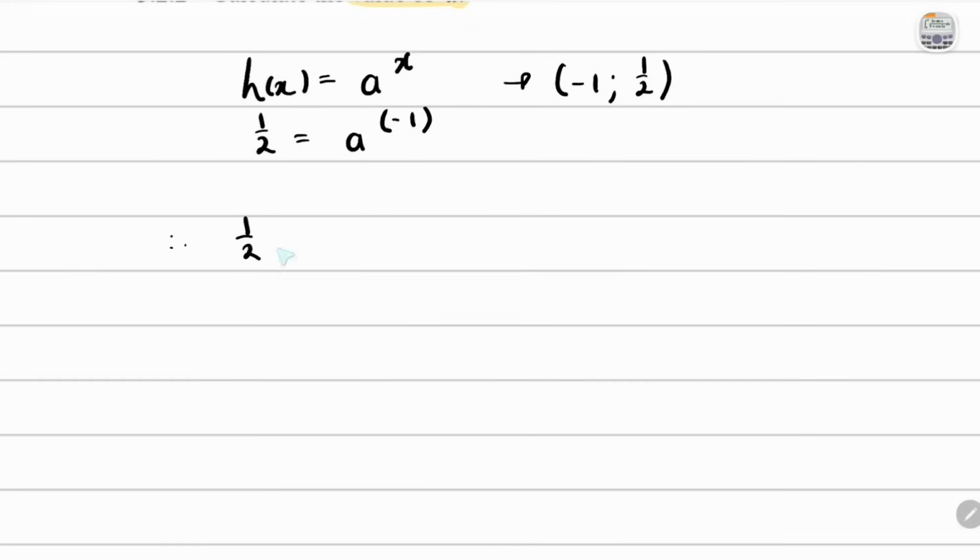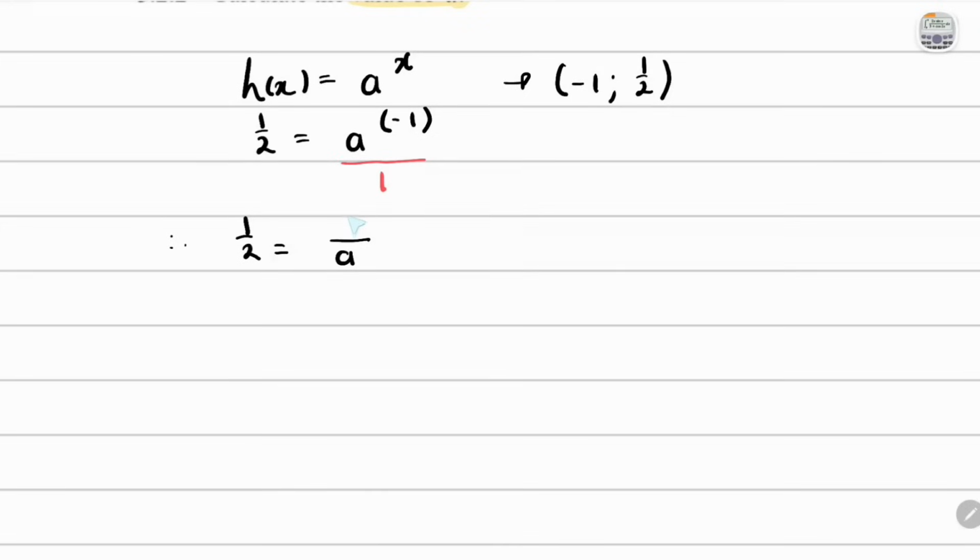We can say that a half is equal to, now this is a to the power of negative 1. When a value is put to the power of a negative exponent, what we can do is move it from where it currently is. It is actually in the numerator right now. It has a natural denominator of 1. So we're going to bring it down to the denominator, and when we do that, the exponent becomes positive. It's a positive 1, but you don't have to rewrite it.